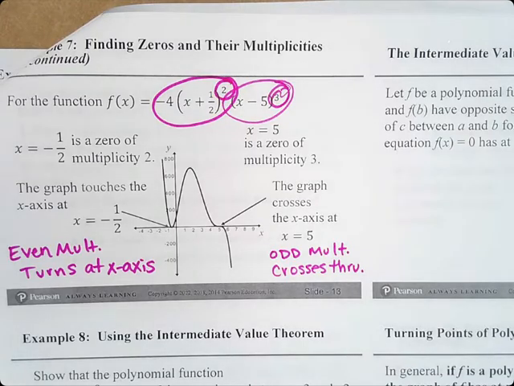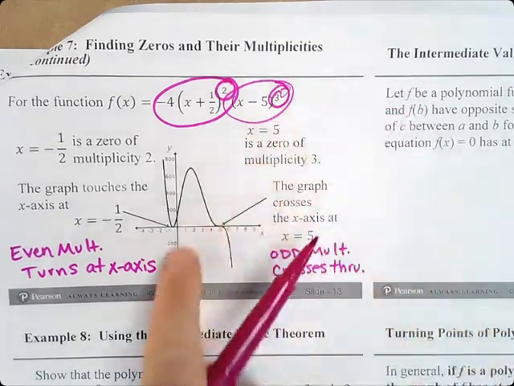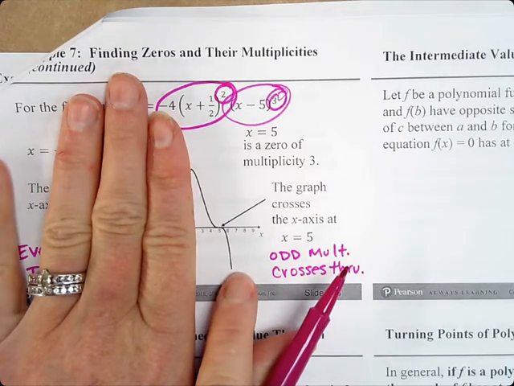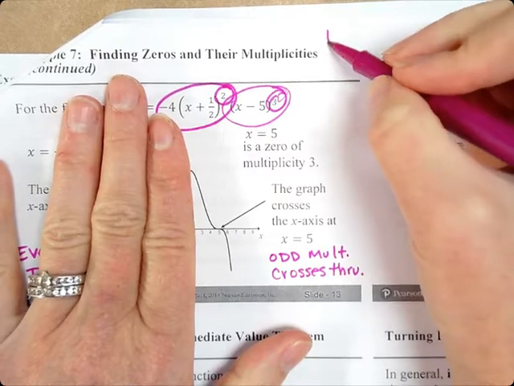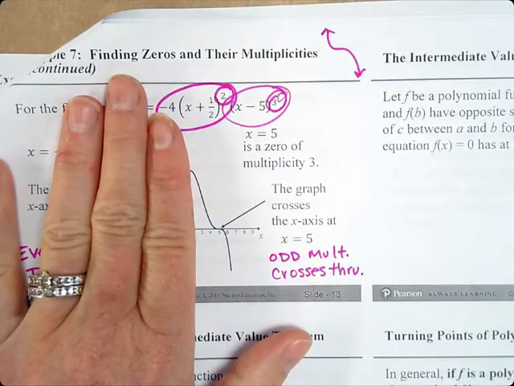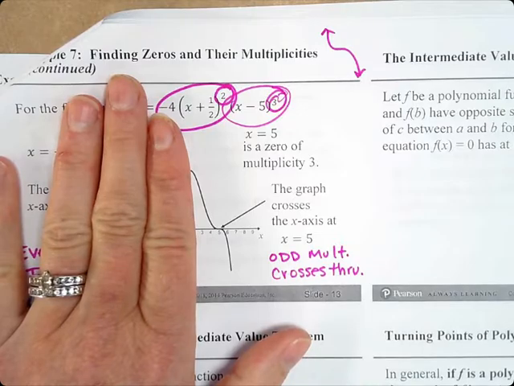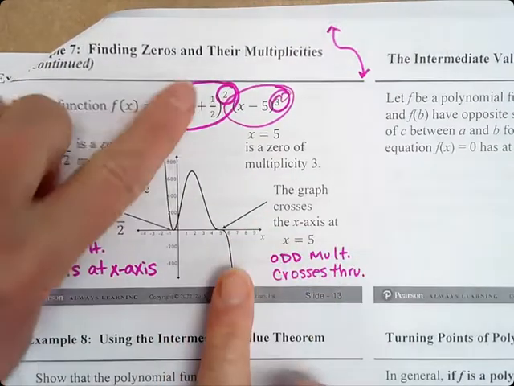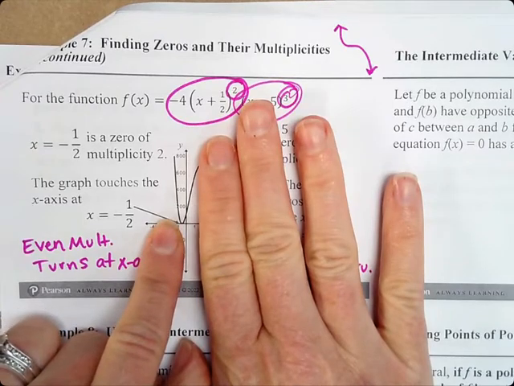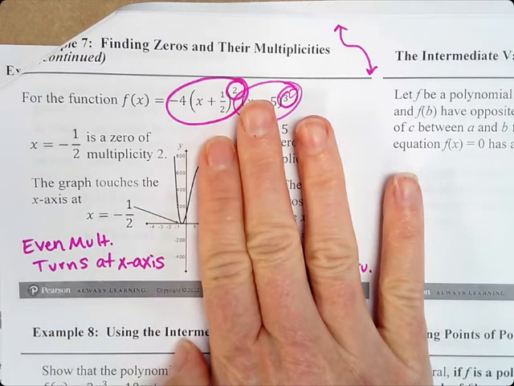If it was just to the power of 1, it would go straight through like a line. But to the third power, it's going through. Do y'all remember what the cubic parent function is? Remember how it looks? It looks like this. Up, down, up, either one. And then this one's a squared. If we just look at that section, that looks quadratic, to the second power.